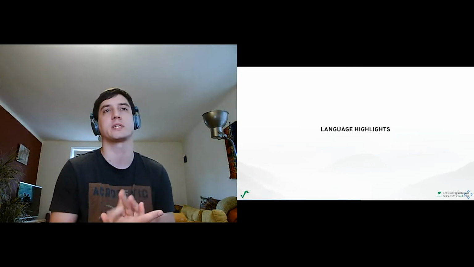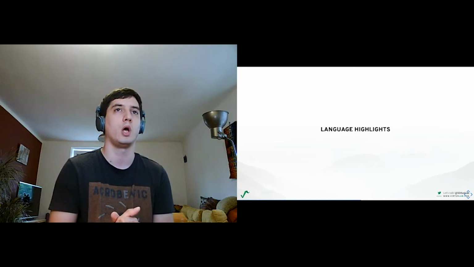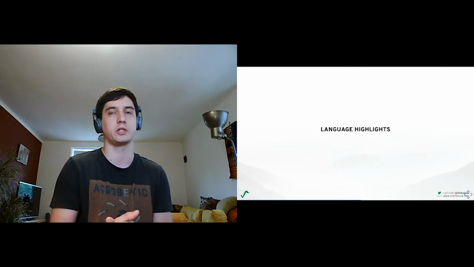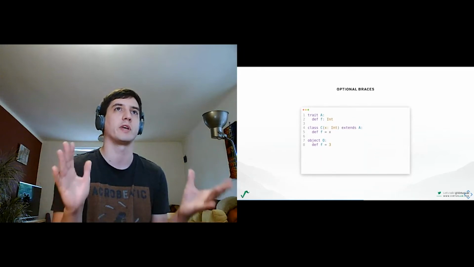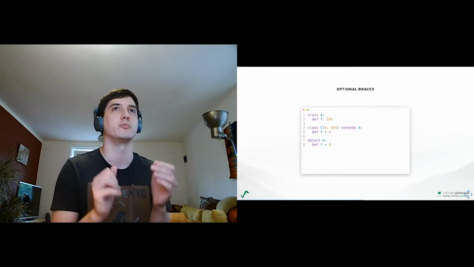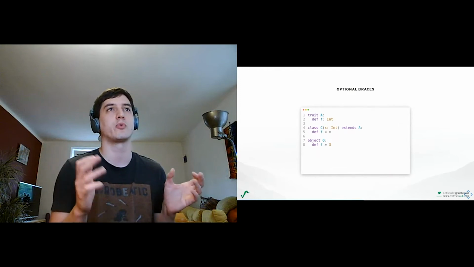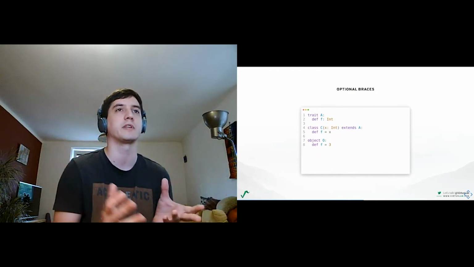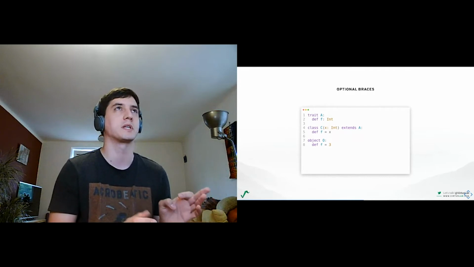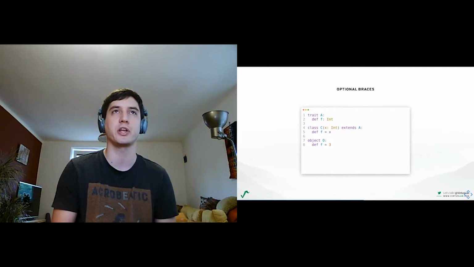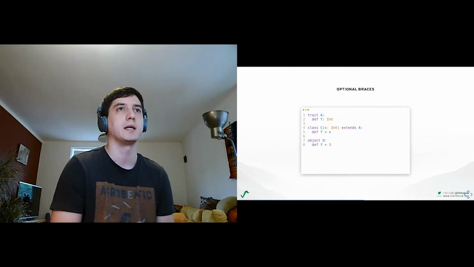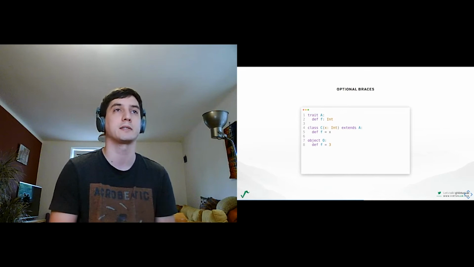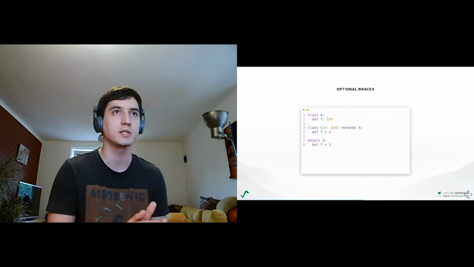Let's go over some of those changes, maybe not everybody knows what they are. First of all, I'll start with the big guns, so the optional braces. Optional braces is one of the most discussed changes to Scala. Some people say that it really simplifies how the code looks and removes those unnecessary braces.